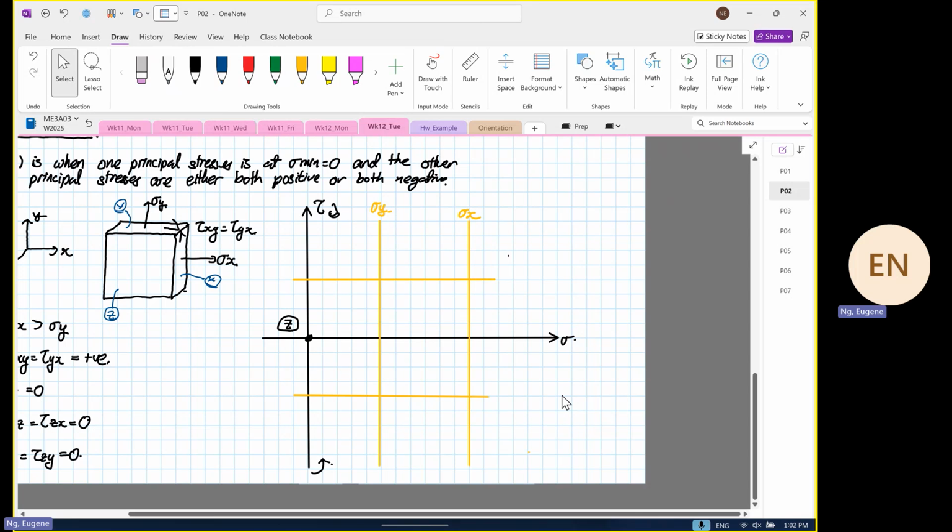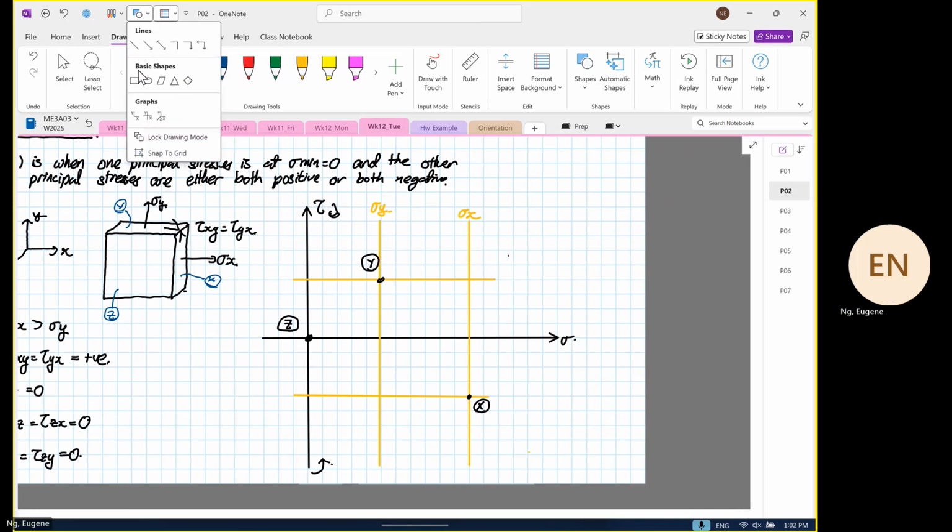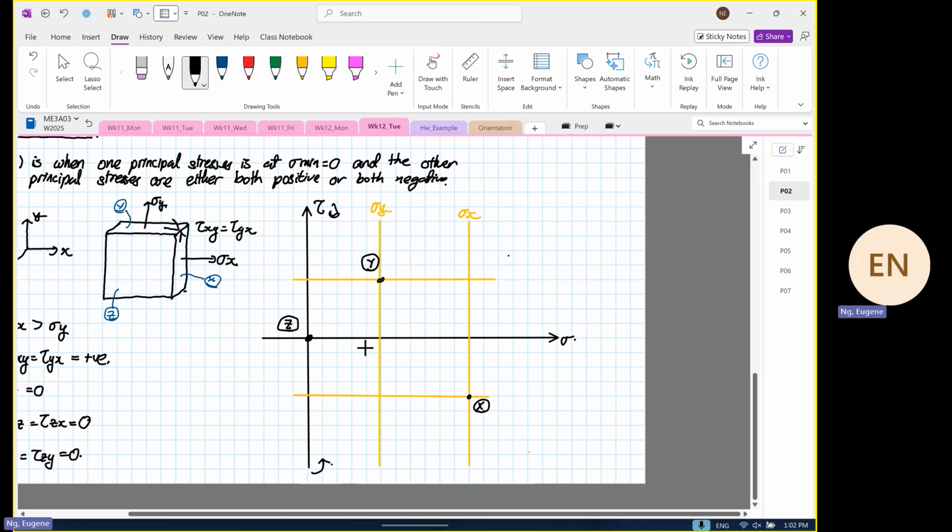At point X, the element is rotating anti-clockwise. Point Y, the element is rotating clockwise. From here, we can draw our Mohr's circle. Okay. So our Mohr's circle will look something like this, I hope.